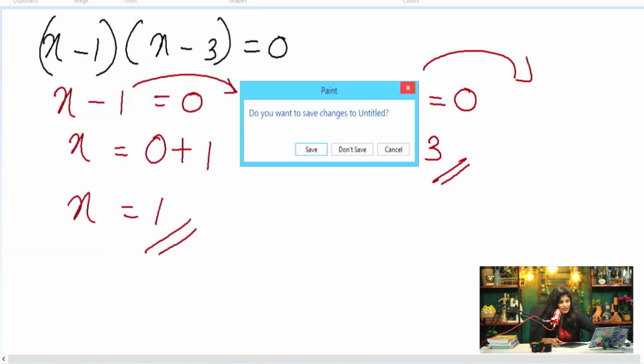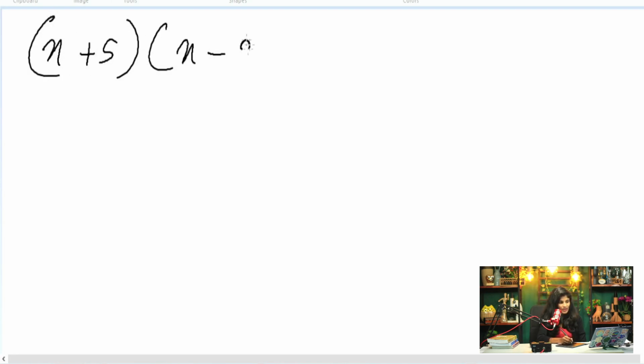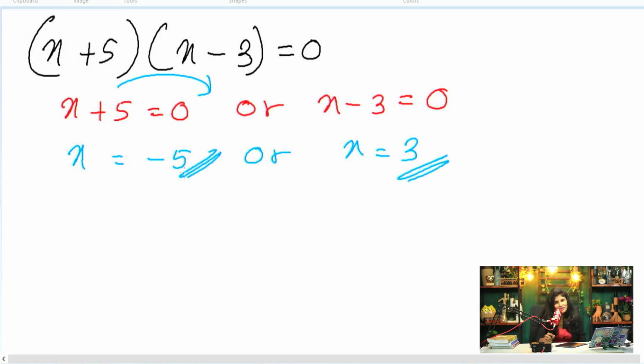We will move to our next question, that is x plus 5 and x minus 3 equals 0. The same method: x plus 5 equals 0 or x minus 3 equals 0. Then carrying the numbers to the other side, x equals negative 5 or x equals 3. Very easy. Those are the two solutions of x.